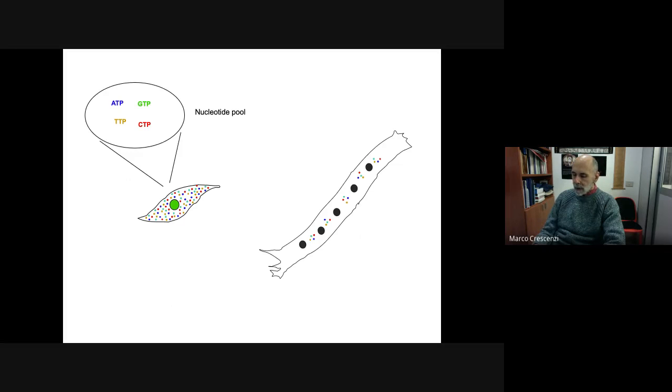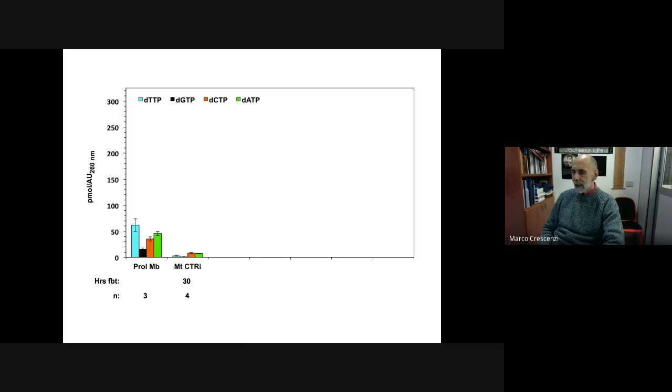So we measured together with our collaborators at the University of Padua. This is a very specialized kind of measurement that we were not able to perform. We measured the nucleotide pool in myotubes, which, as expected, was, here are the myotubes, much lower, much smaller than what is found in proliferating myoblasts.